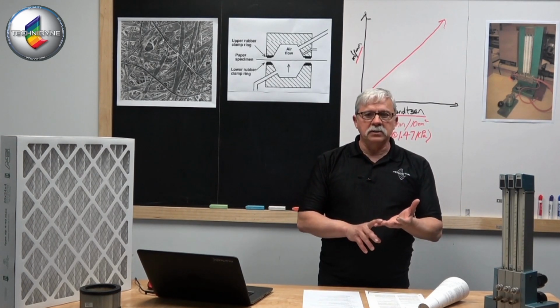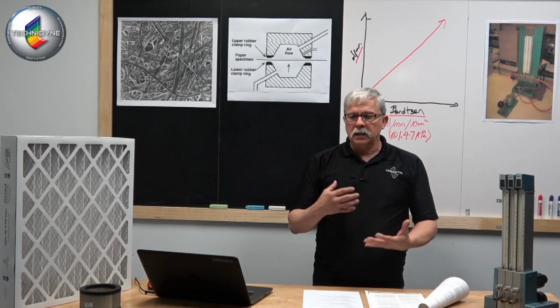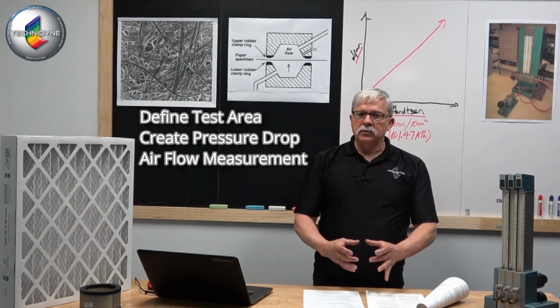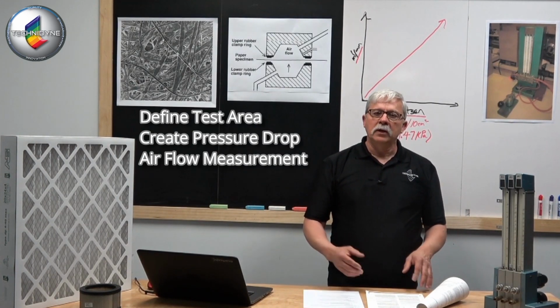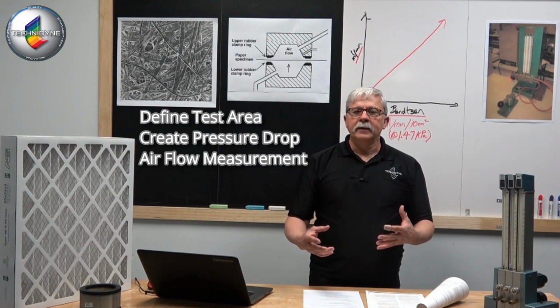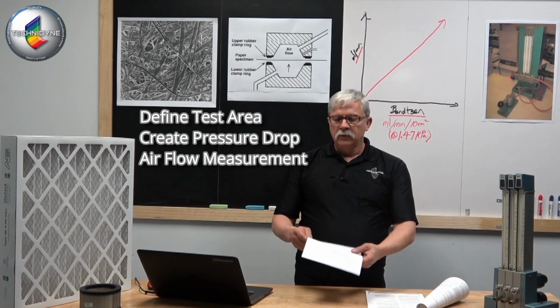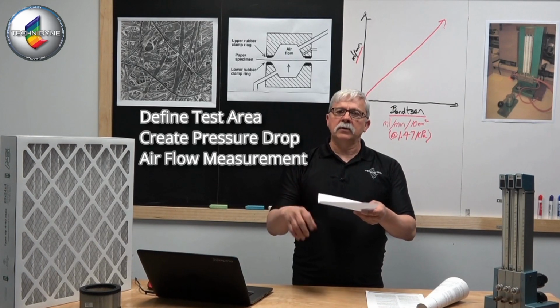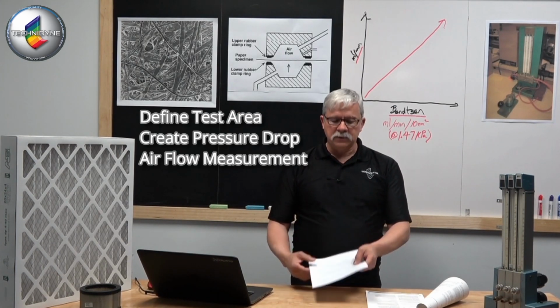One of them is being able to clamp the sample in such a way that we can define the area that we're trying to measure and push the air through. The other is creating a differential pressure from one side of the sheet versus the other, the opposite side being to atmosphere.